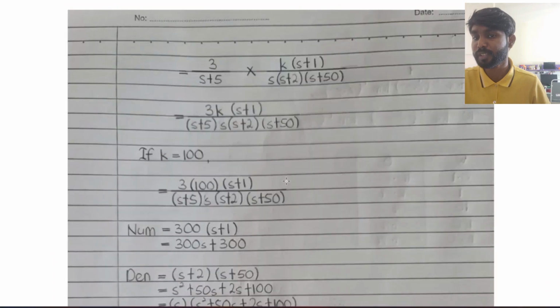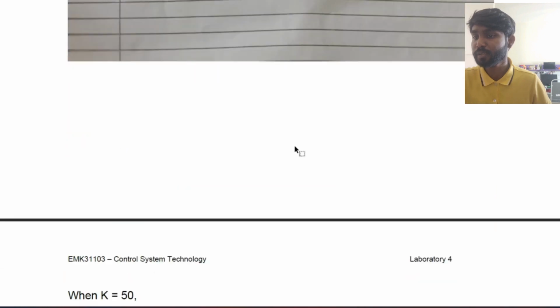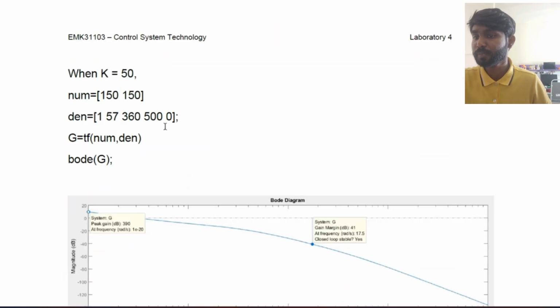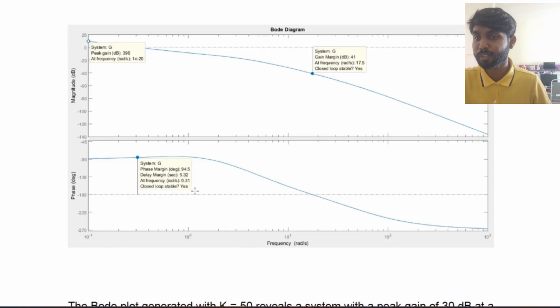So this is the calculation. When K equals 50, we get 150 and 150 as the numerator. The denominator is 157, 360, 500, and 0. The peak gain is 390. The gain margin is 41 at a frequency of 17.5, and the closed loop is stable.